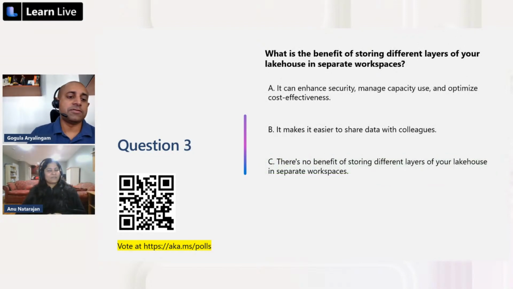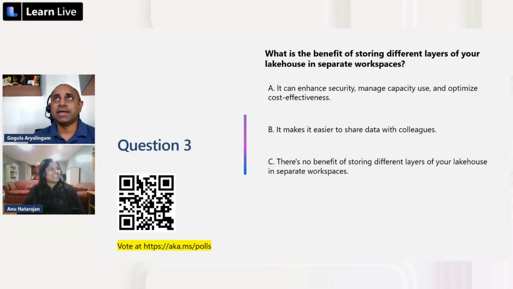And then let's move to the last question. What is the benefit of storing different layers of your lakehouse in separate workspaces? A, it can enhance security, manage capacity use, and optimize cost effectiveness. B, it makes it easier to share data with colleagues. C, there's no benefit of storing different layers of your lakehouse in separate workspaces. The votes are coming through.